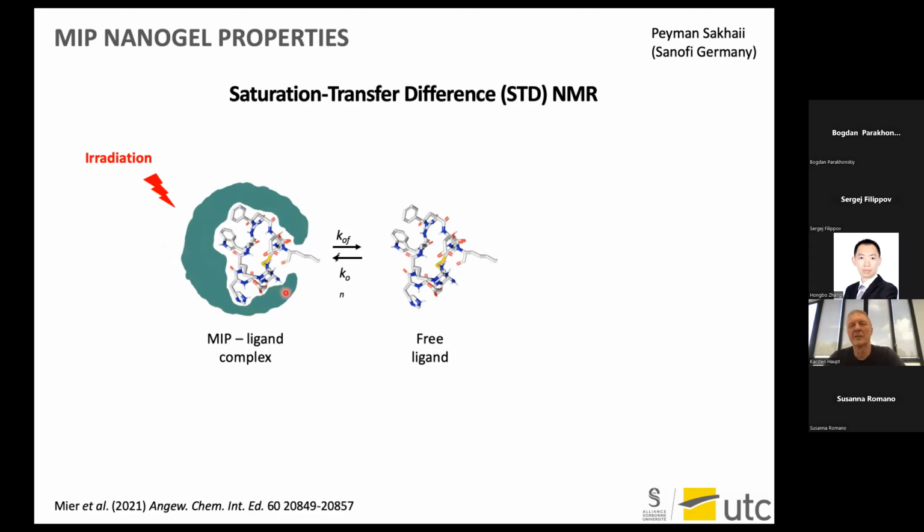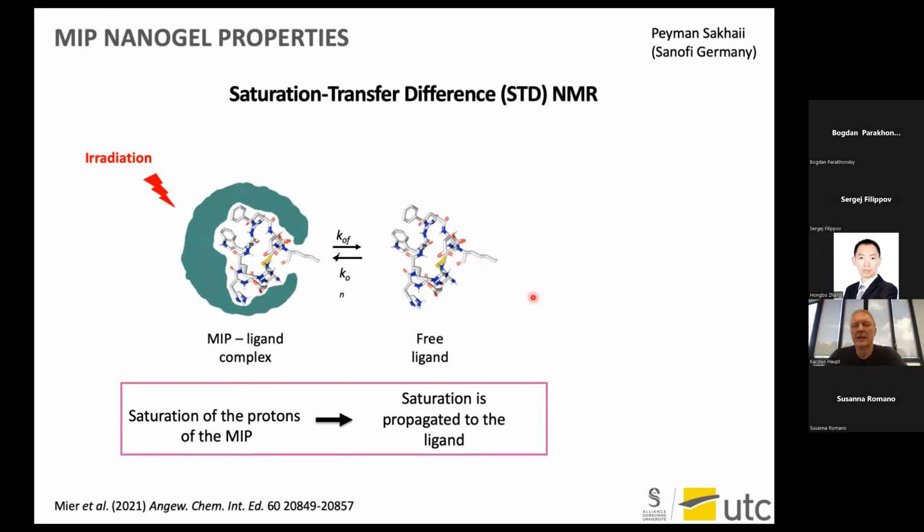And what will happen is, if the polymer binds the peptide, it will transfer some saturation of the electromagnetic energy into the protons of the peptide. And if that happens, that means the peptide really is bound tightly to the polymer particles. Otherwise, this saturation transfer to the peptide protons would not be possible.